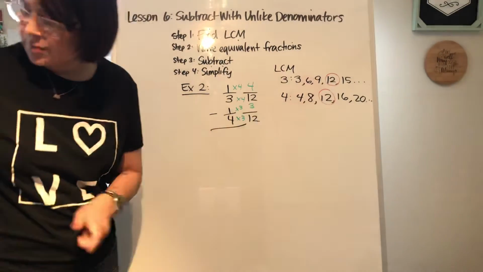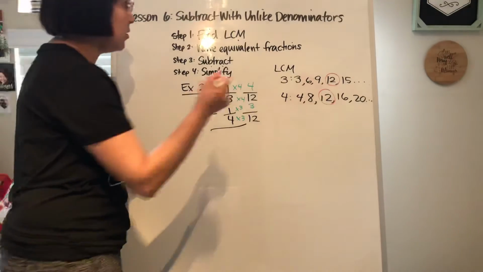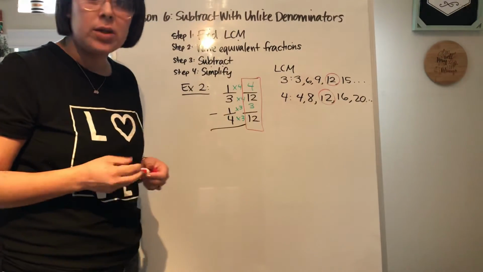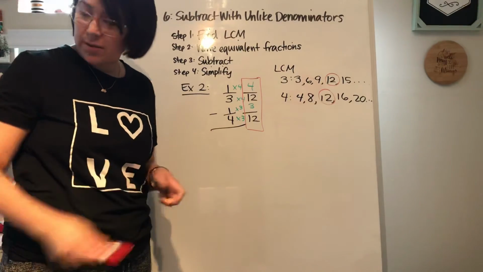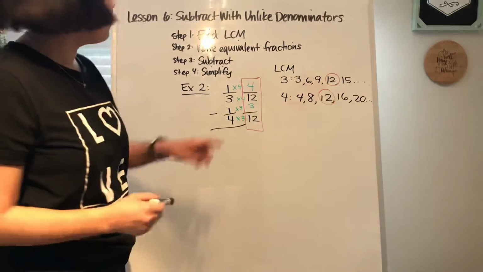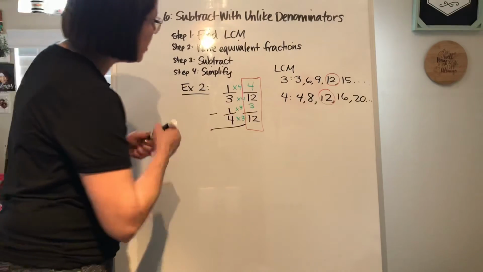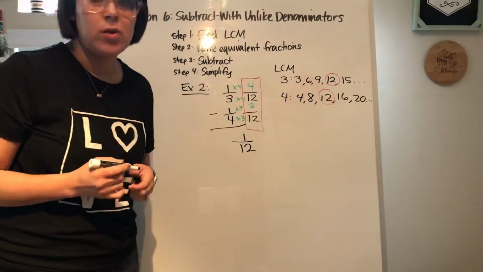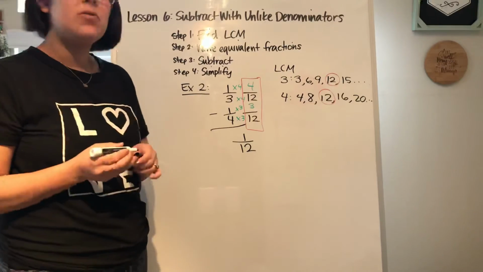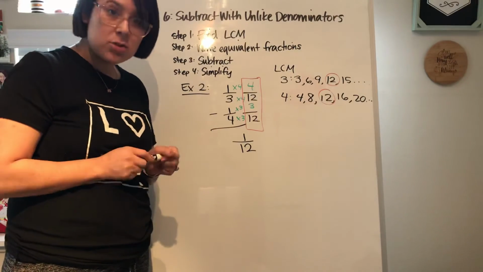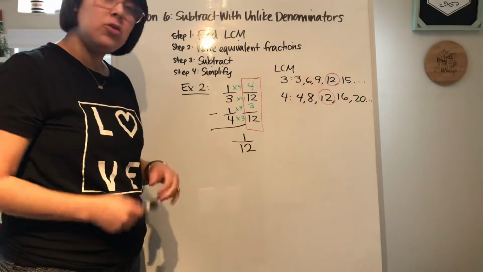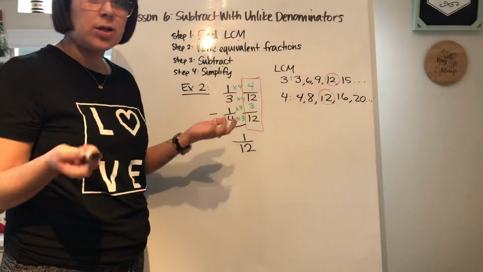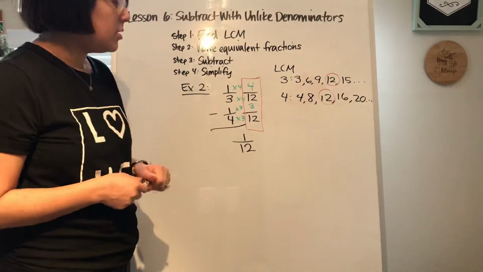All right. Now we have our fractions that we can work with because they look the same. Okay? 4 minus 3 is 1. Keep the same denominator as 12. Step 4, simplify. Can I do anything? Nope. No greatest common factor here. So we're done.